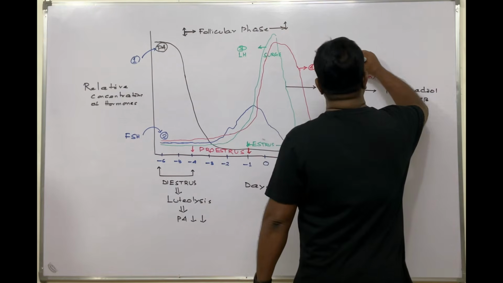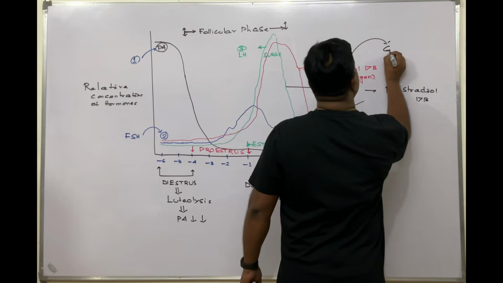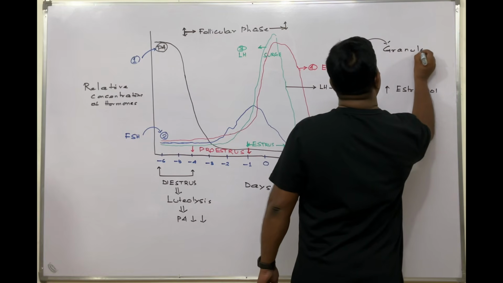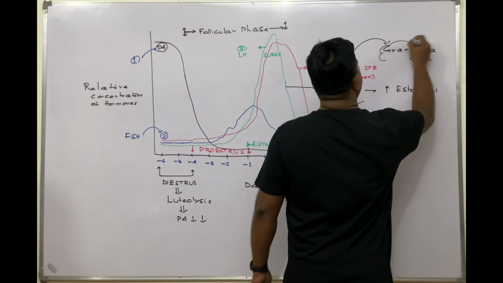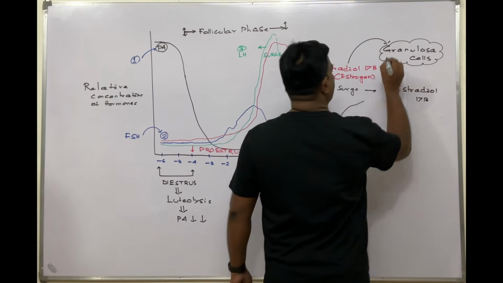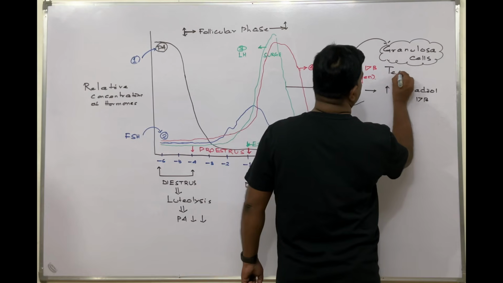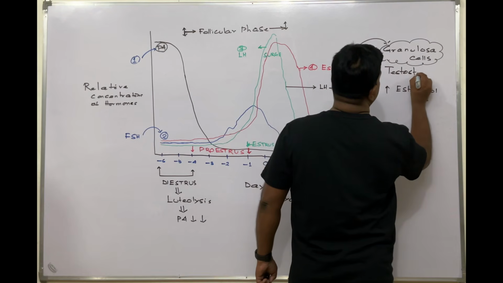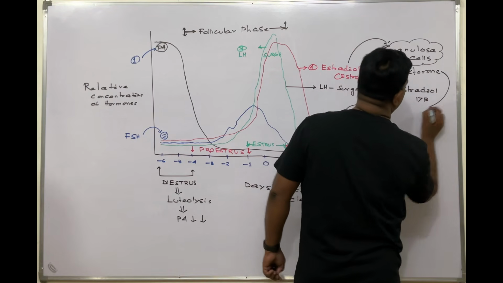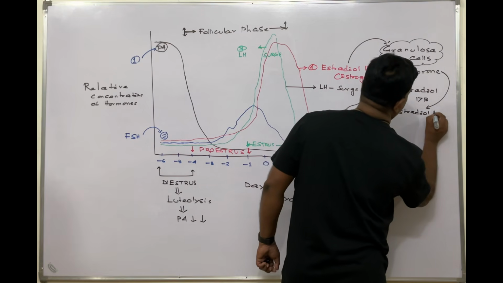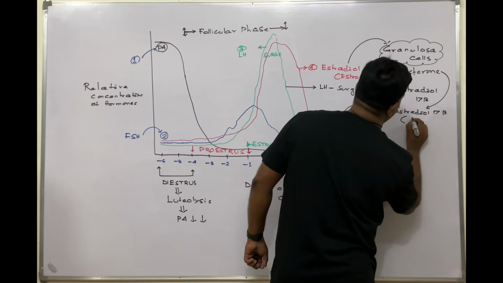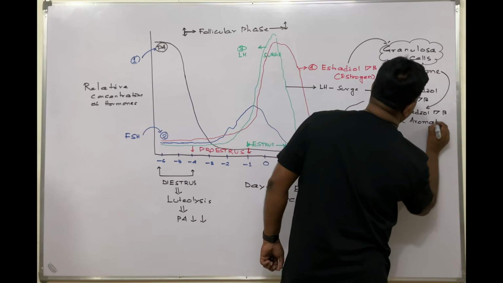This estradiol, what you are going to see, this is due to the granulosa cells, and these granulosa cells convert this testosterone to the estradiol 17 beta due to aromatase activity.